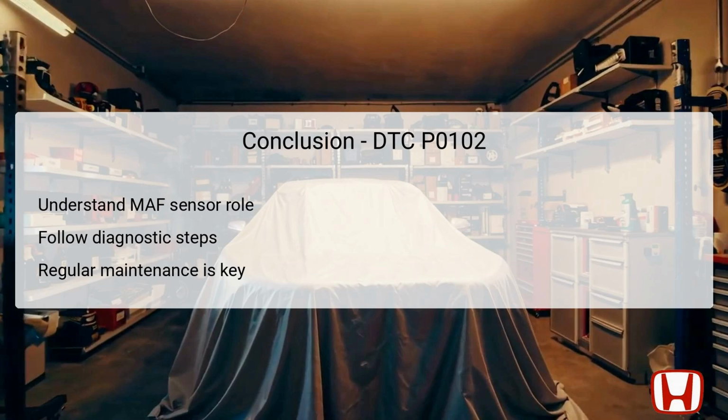Ultimately, implementing preventive strategies not only assists in avoiding future occurrences of this DTC, but directly contributes to the overall reliability and efficiency of the Honda Pilot. By staying proactive with maintenance, vehicle owners can ensure optimal performance and avoid unnecessary repairs.